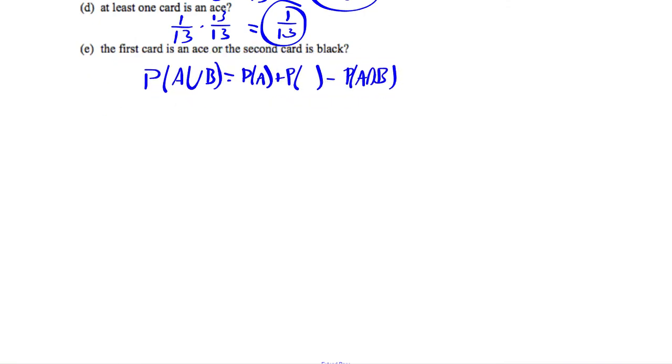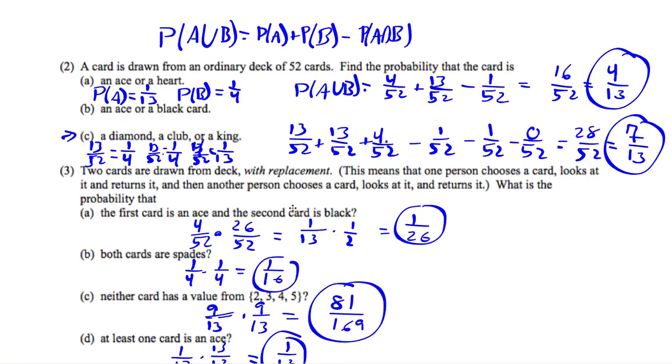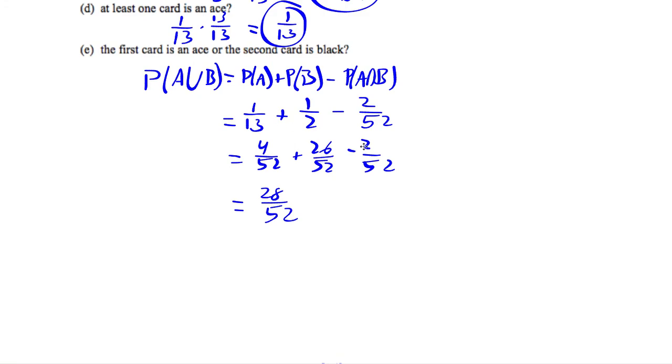So we're defining the probability that we get an ace as probability event A. So that is 1 over 13 plus the probability the card is black, which is 1 over 2, minus the probability of A and B. So we get a black ace, which is, I'm just going to write that as 2 over 52 because there's the ace of clubs and the ace of spades. So this is 4 over 52 plus 26 over 52 minus 2 over 52. So we get 30, and then 28 over 52. I think that was a fraction I had to reduce earlier. Yeah, it's 7 over 13.